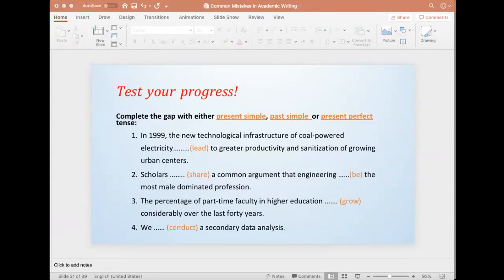I'll give you 2 more minutes. You could prepare the answers in your chat box, and once I say post, you just click on the post and it will appear so we can read it together.